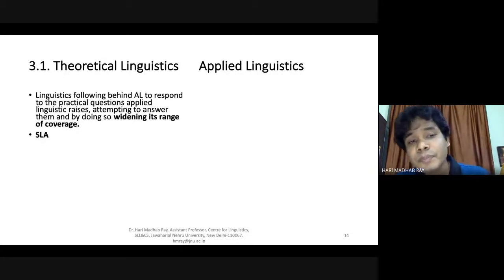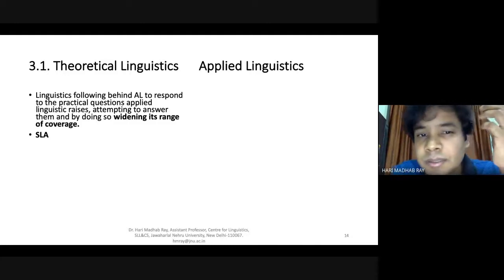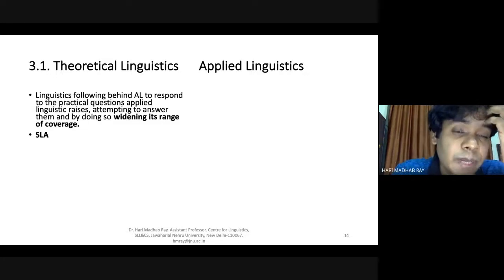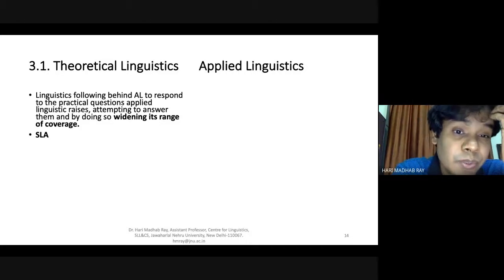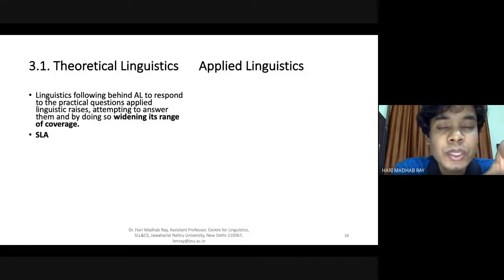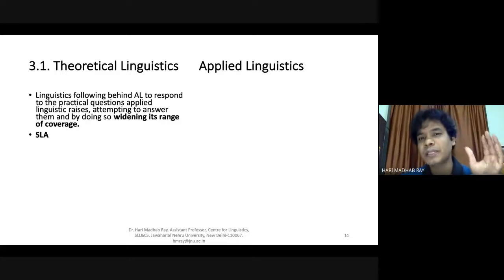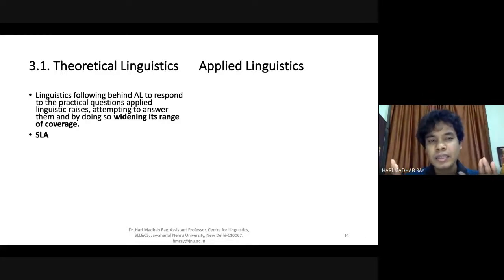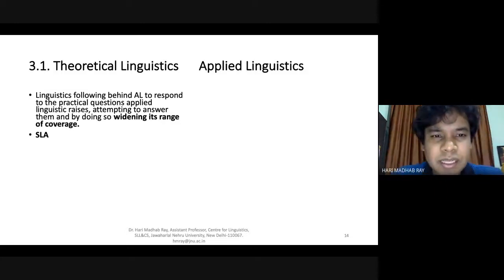Now, if you are talking about theoretical linguistics, it follows behind applied linguistics to respond to the practical questions applied linguistics raises, attempting to answer them, and by doing so, widening its range of coverage. So there are many theoretical linguists working with applied linguists, and as a result, they are not so narrow-minded. Let's say there are many theoretical linguists blinded by theory proposed by many formalists in the generative traditions.